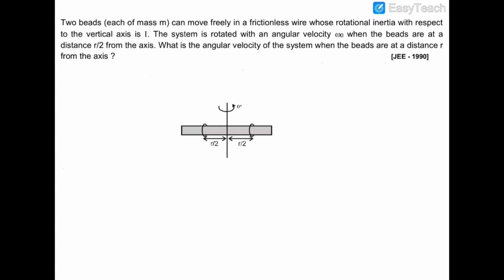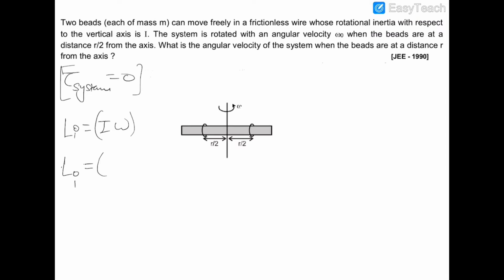First of all, in this system the net torque is zero about this axis, so the angular momentum of the system will remain conserved. The initial angular momentum is I omega, where I is the moment of inertia of the system about this axis.